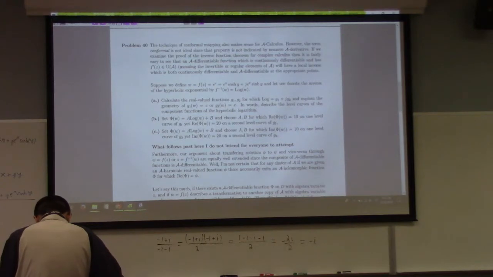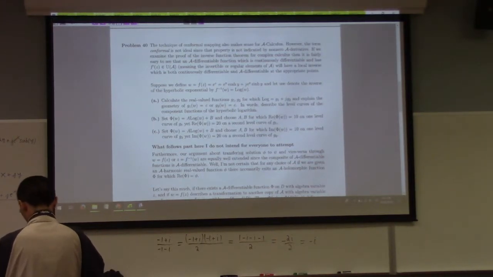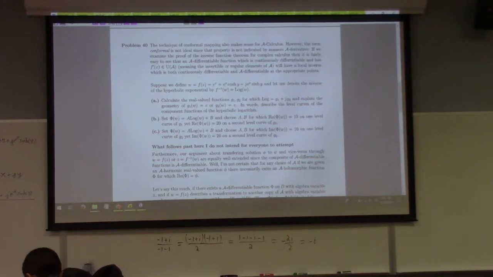Now, that's a hyperbolic equation, which means we can look at the real part and the unreal part, and those give us two separate equations. So we get v is equal to e to the x sinh y from the j component, and from the component with 1, we get u is equal to e to the x cos y.